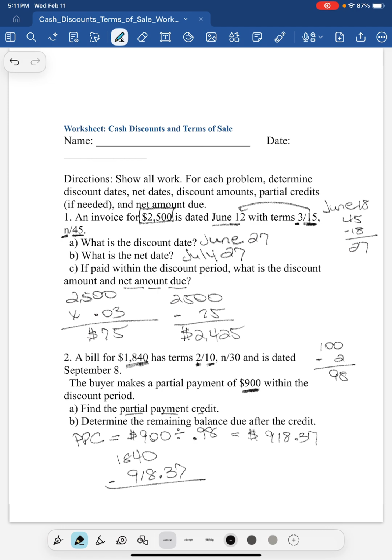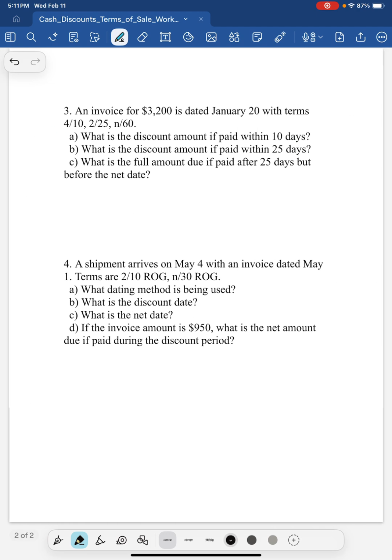And you find that you get 1840 minus 918.37, and you have $921.63 left to pay, which will be due before the 30 days is up. Okay? All right, let's move on.